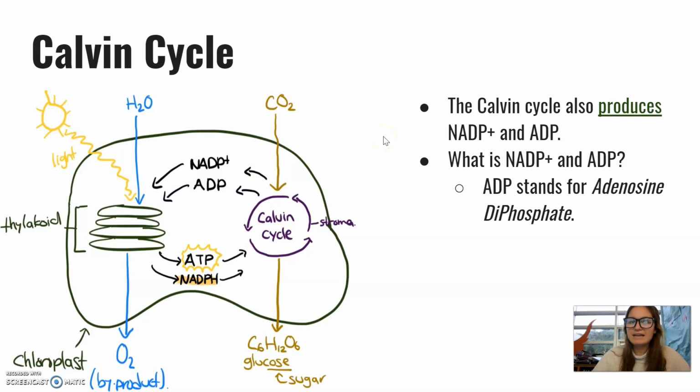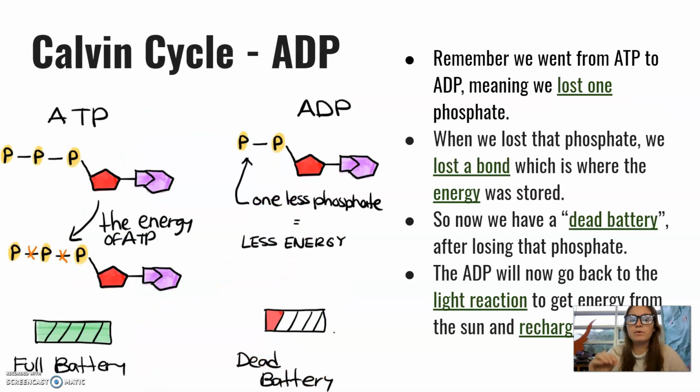Now, what happens to ATP and NADPH when they drop off the energy? Well, they just go back to the light reaction. Okay, so it's a constant cycle for those energy carriers. And what we see is ATP then turns into ADP, because remember those bonds between the phosphates are what's storing the energy.